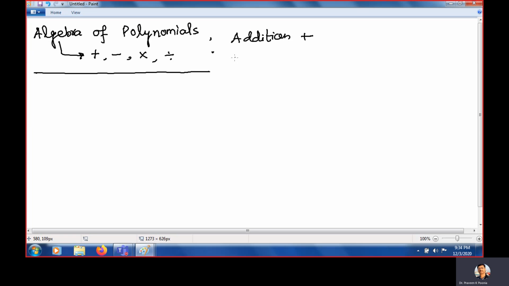Addition means plus. Subtraction means minus. Multiplication means times, and division means divide.